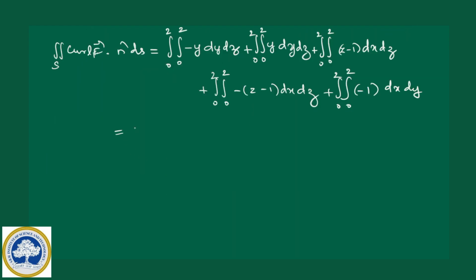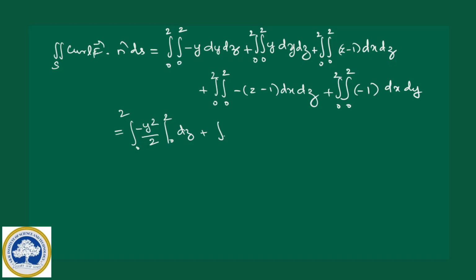So now evaluating it, here it is minus y square by 2, 0 to 2, dz. We are left with the dz, right?